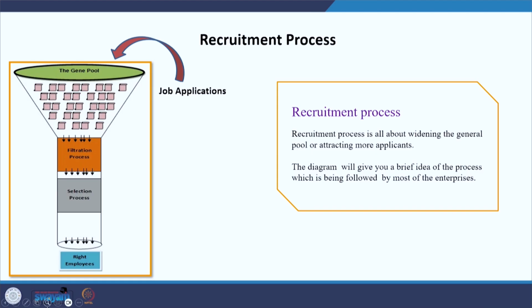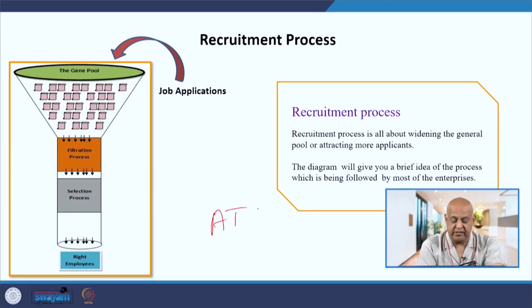Now, the recruitment process is all about widening the general pool or attracting more applicants. You see, there are many multinational organizations where candidates are submitting thousands of applications per day, right.